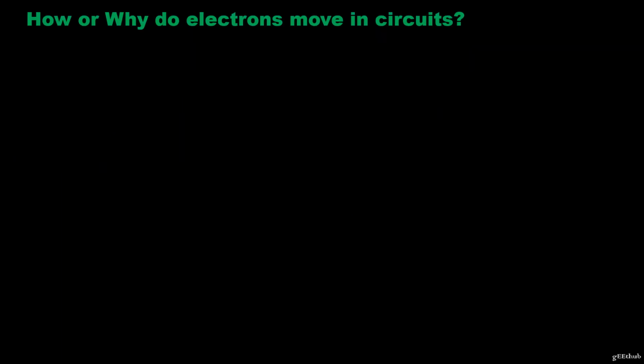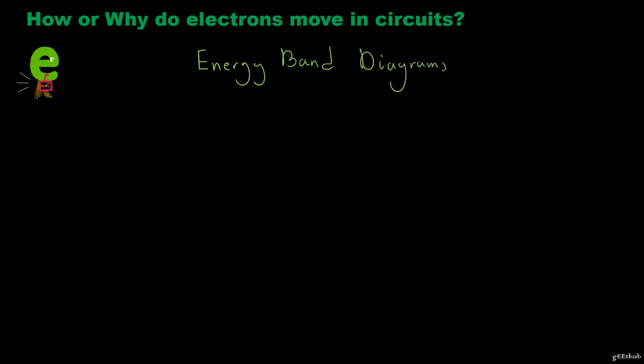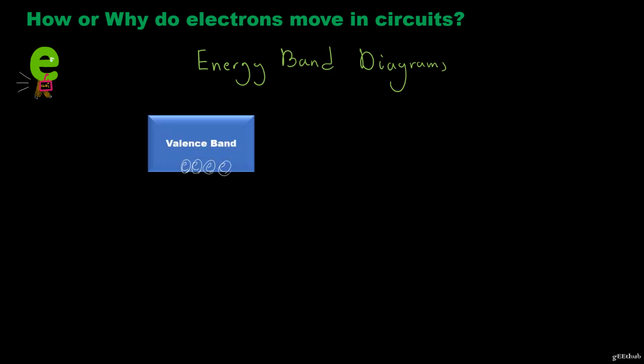So the question is, why did that single electron in our circuit move at all? What excited this electron to move? And the answer to that is simplified by energy band diagrams. Now, energy band diagrams consist of two bands.